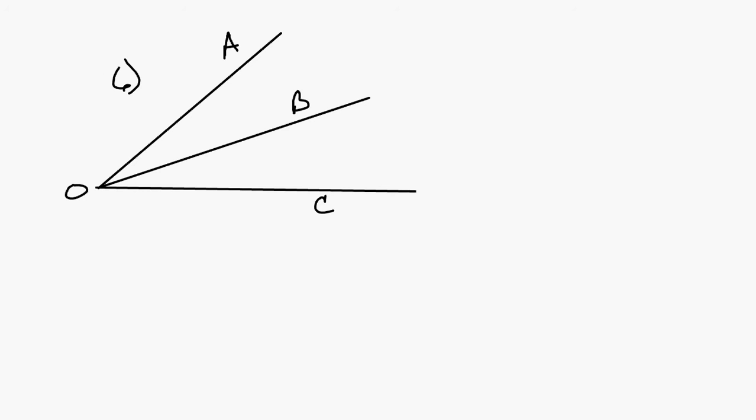So this entire angle, AOC, is 43 degrees. You're told that BOC, from B to O to C, is 2x plus 10. You're told that AOB is 4x minus 15.